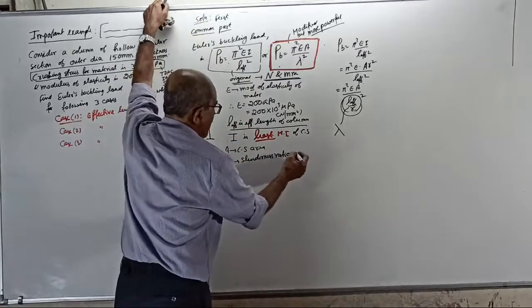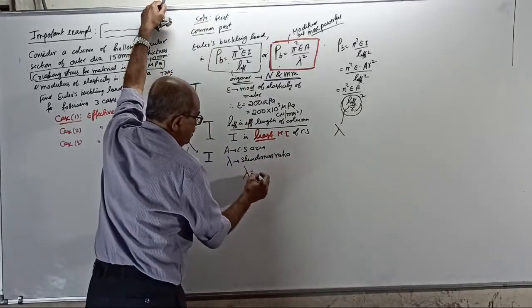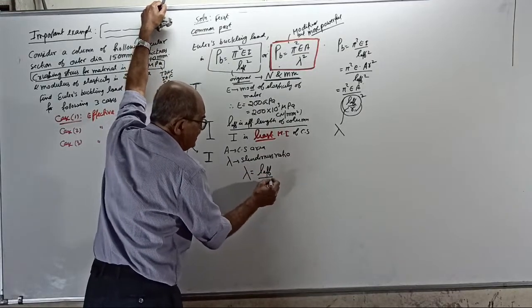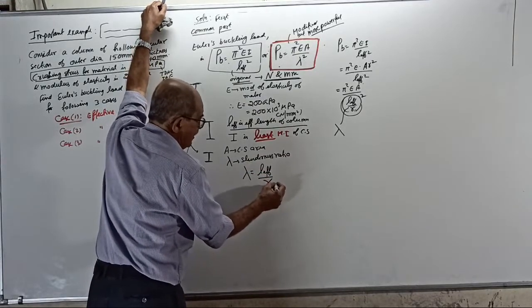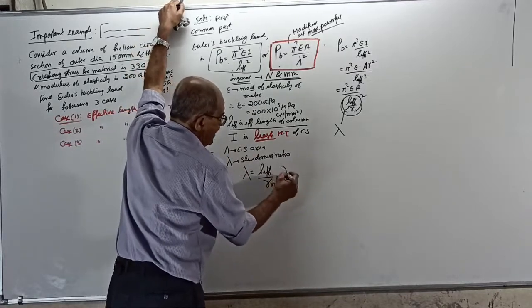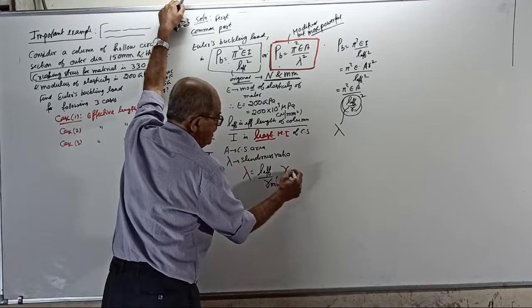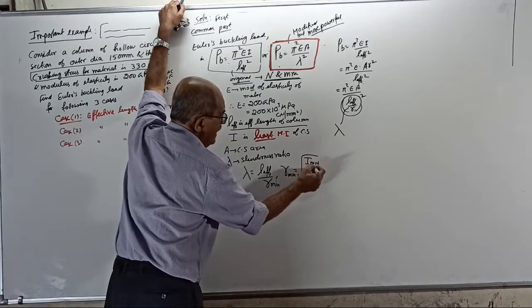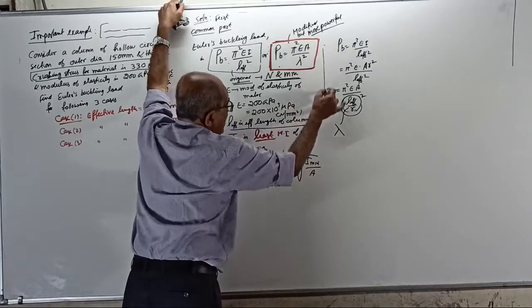The formula for lambda is the ratio of effective length to least radius of gyration of the cross section, R minimum, where R minimum is root of I minimum by area. These I told earlier.